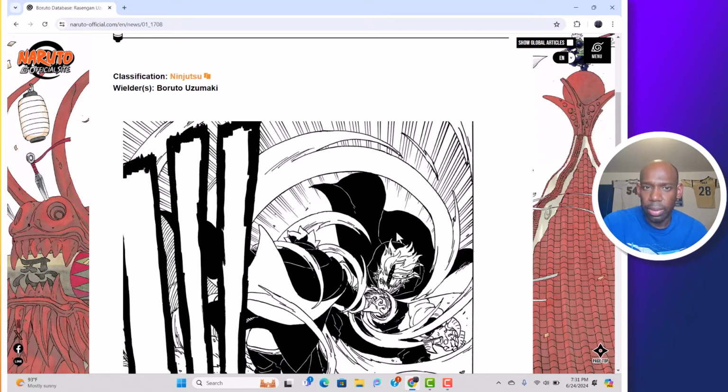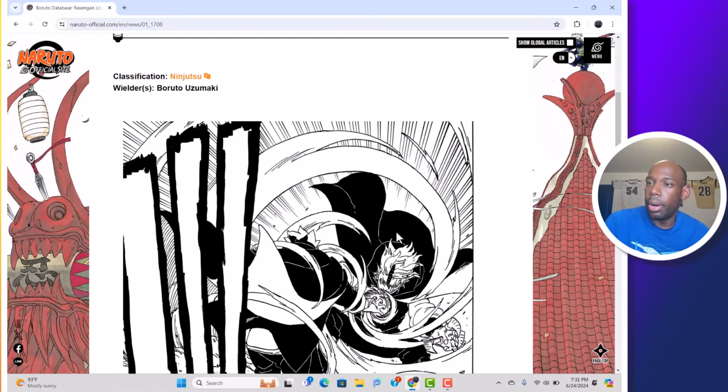So we had the Rasendan, and we have the invisible Rasengan. With the invisible Rasengan, Boruto uses lightning nature to make the Rasengan invisible, and he throws it, and it catches the enemy off guard. And then there's the one where he compresses the Rasengan to such a small level that it's supposed to be so strong that it can destroy diamond.